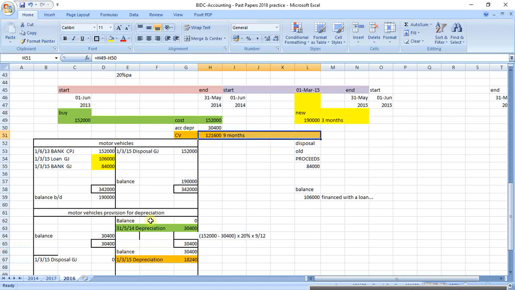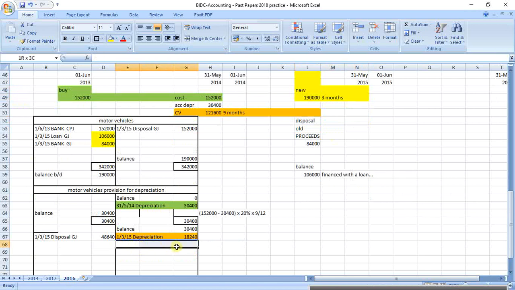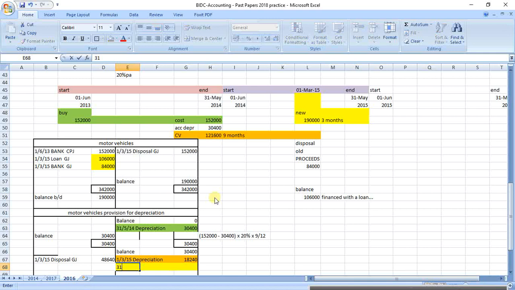Okay, that's the depreciation, that's fine. And then the disposal would have been this plus that. Okay, what else there? New depreciation. Okay, so for this year, I've got more depreciation. That would have been for 31st May 2015, and that would have been depreciation for the new asset, which was 190,000 times 20% times 3/12.